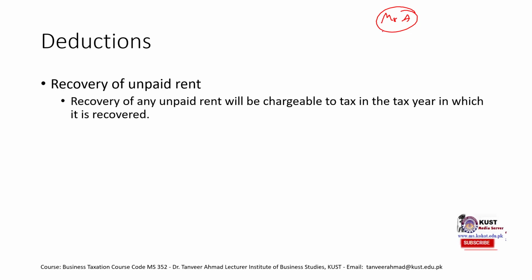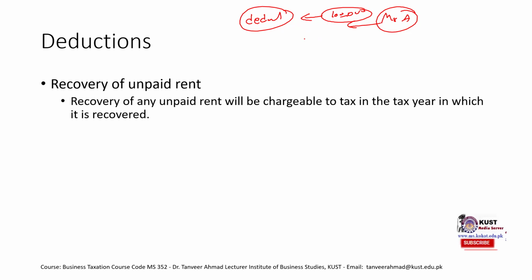Now what? Mr. A needed to pay 1 lakh rupees, but because he didn't pay it, it is unrealized and the company fulfilled all the conditions. So this would be considered as deduction, and the company would not pay taxes on this amount. Rather, they would deduct this specific amount from their rent, and then pay taxes on the remaining amount.